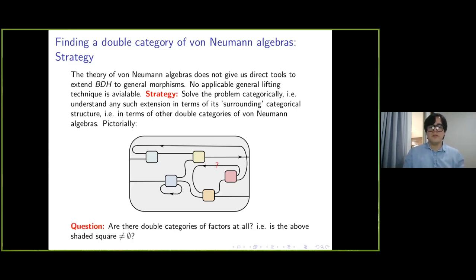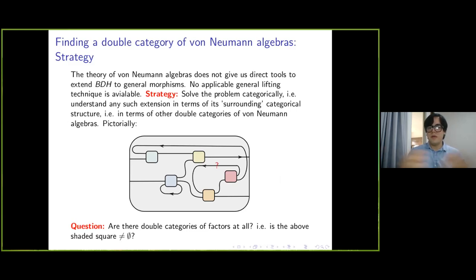An obvious question is: is this drawing here non-empty in this case? We're interested in a double category of von Neumann algebras extending this thing, but we don't even know if a double category of von Neumann algebras exists at all. That's the first question, of course. I'm talking about von Neumann algebras, but this is a general situation.